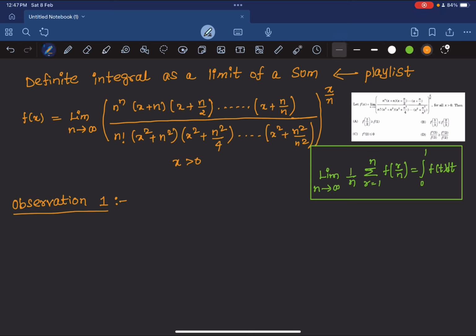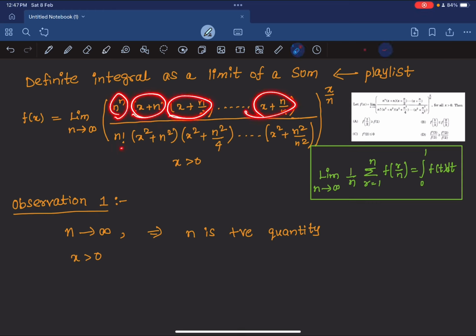First observation. It is given that n tends to infinity. This implies that n is a positive quantity. And it is also given in the question that x is greater than 0. So every term in this particular function is a positive term.